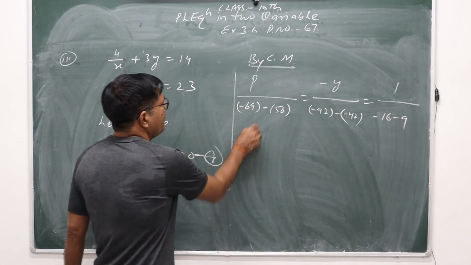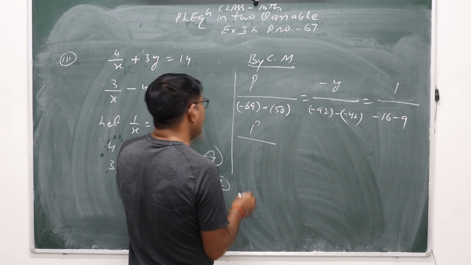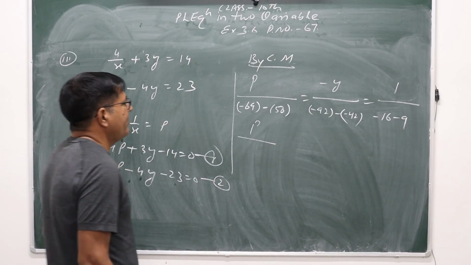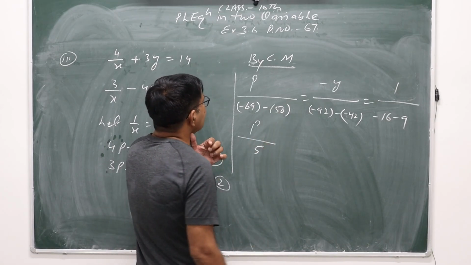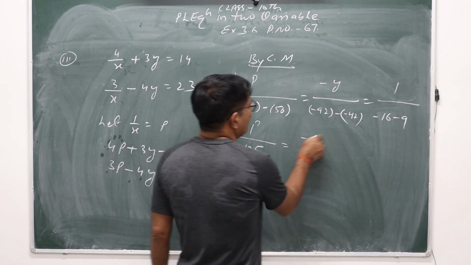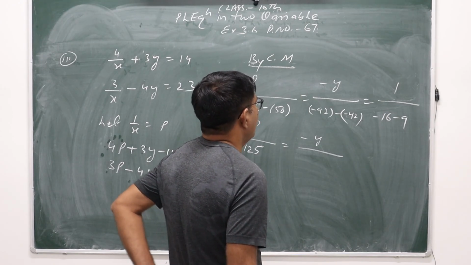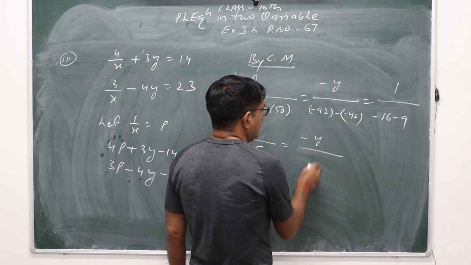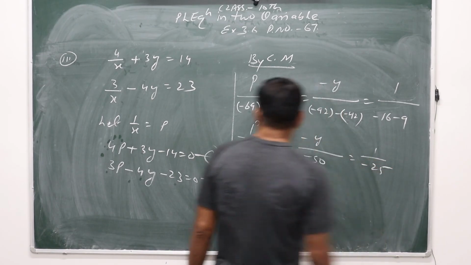So finally p upon minus 69 minus 56, that is minus 125, is equals to minus y upon minus 92 plus 42, that is minus of 50, is equals to 1 upon minus 25.